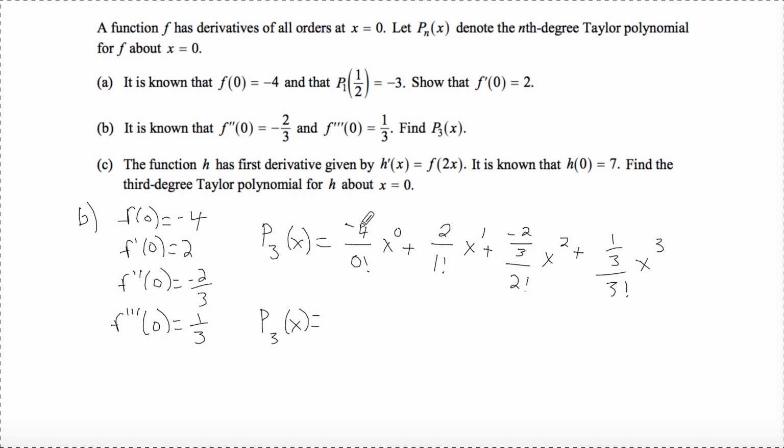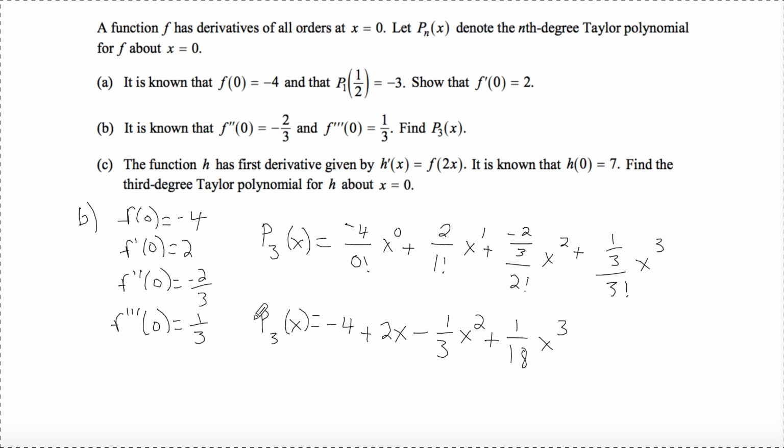Okay, p sub 3 of x simplified will be negative 4 divided by 1 times 1, so negative 4, plus 2 divided by 1 times x is 2x, minus 2/3 divided by 2 factorial is 2, so it's going to multiply 2 into the denominator there, which will cancel out with that 2, giving us negative 1/3 x squared, plus 3 factorial is 6, it's going to multiply into the denominator there, 1/18 x cubed. Negative 4 plus 2x minus 1/3 x squared plus 1 over 18 x cubed.